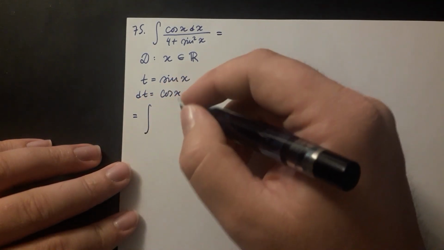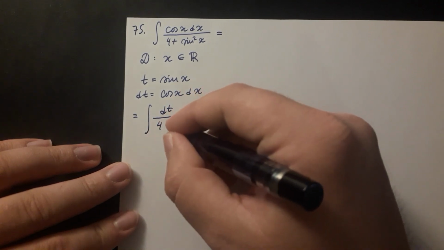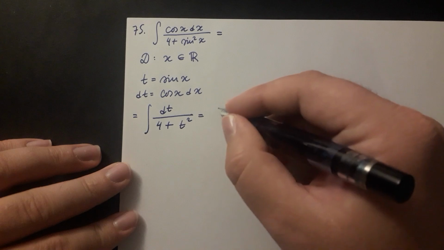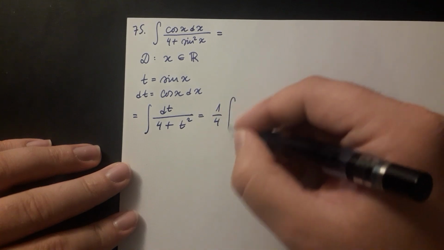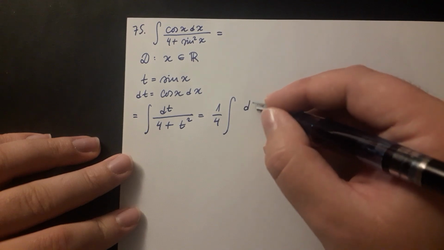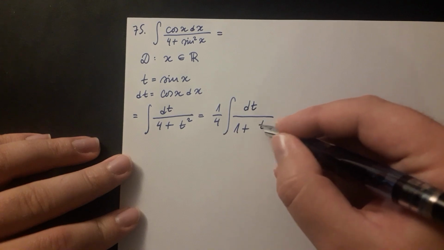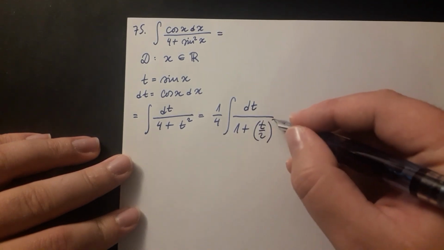This integral then becomes the differential of t divided by 4 plus t squared. 1 divided by 4 can be placed outside of the integral, and then it becomes dt divided by 1 plus (t half) squared.